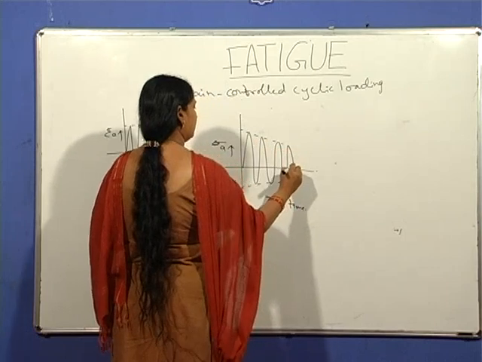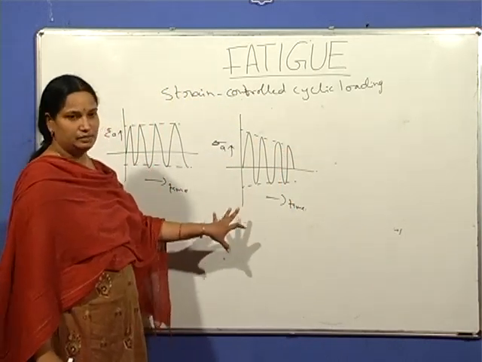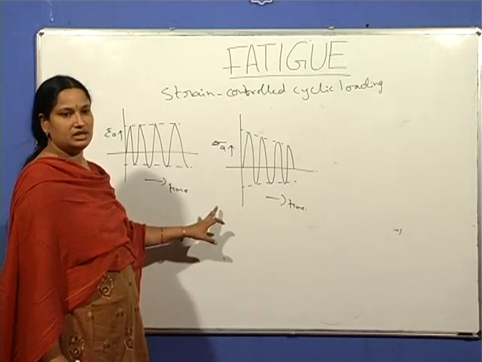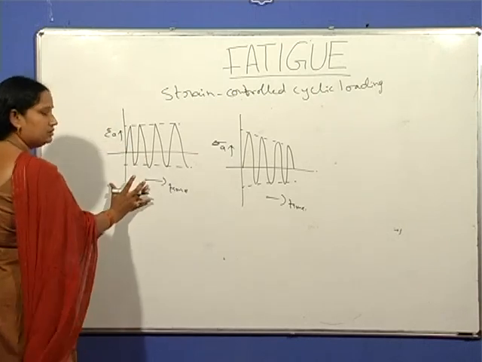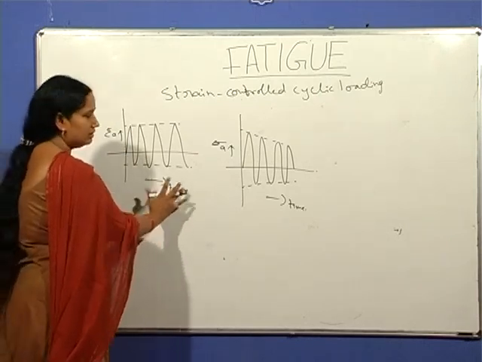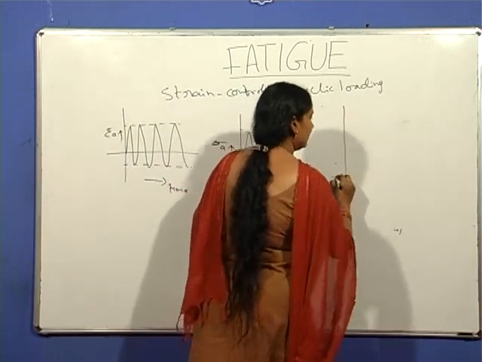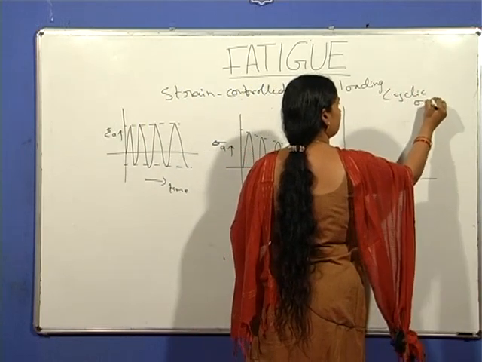So this is the response of an initially hard, cold worked material when it is subjected to constant strain amplitude cyclic loading. This is the parameter which is maintained constant, and this is the behavior of the material. And this is the cyclic stress strain curve.